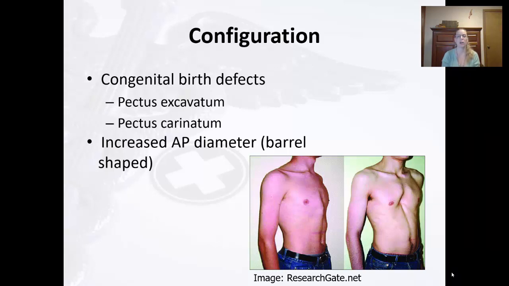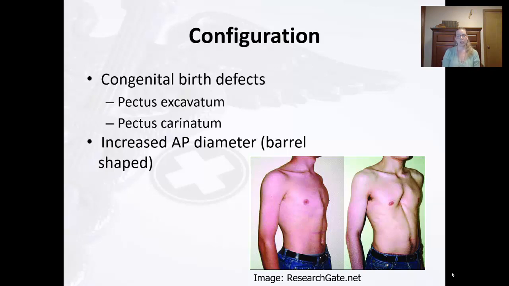We also have what's called the barrel-shaped chest. This happens in individuals who have obstructive lung disease like COPD. Normally, our anterior posterior diameter is half the width of our lateral diameter.